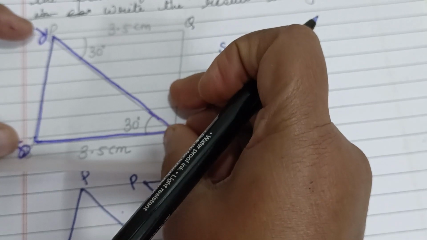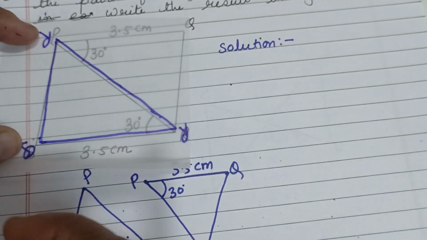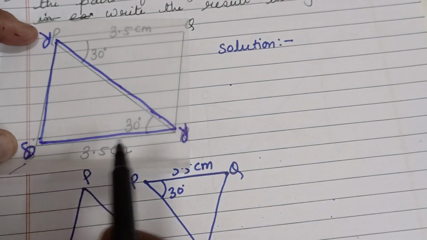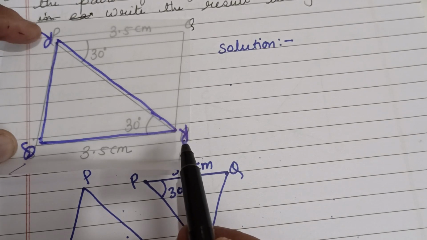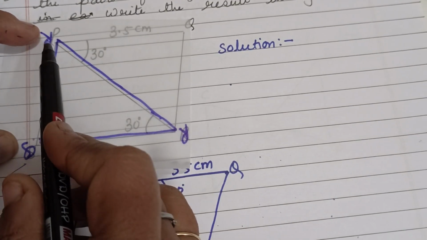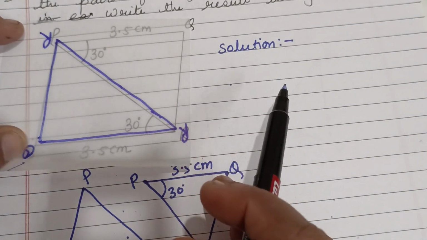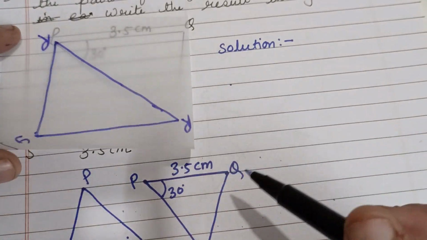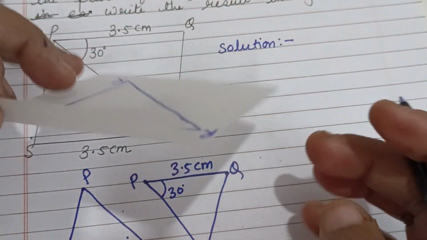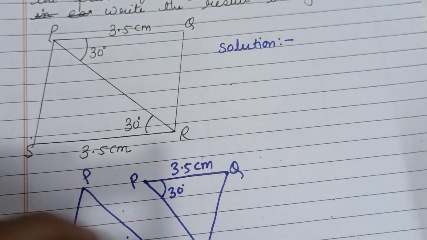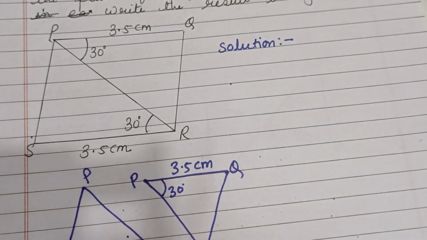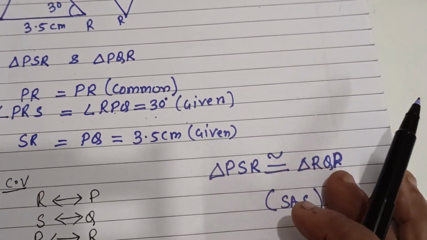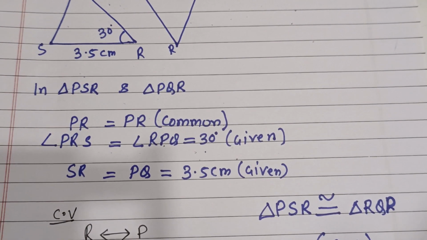Yes, I can see that S is overlapping this Q, R is overlapping this P, and this P is overlapping R. Okay, so in this way I can see that the two triangles are congruent by SAS congruence.